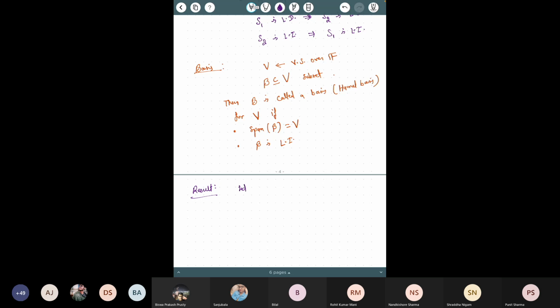Suppose that we have a vector space V over F. And suppose we have a subset L of V which is linearly independent.